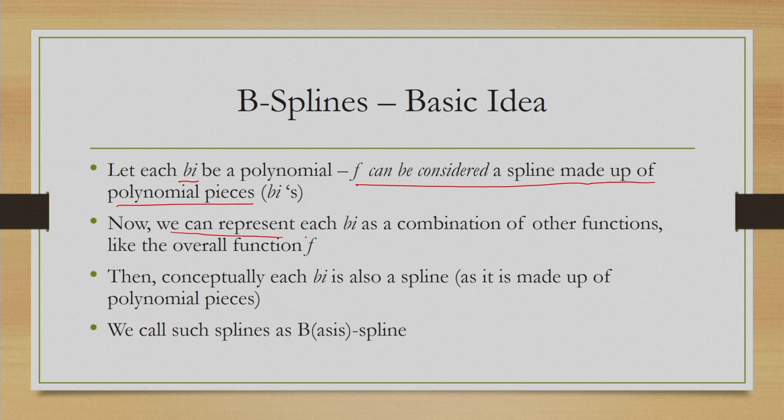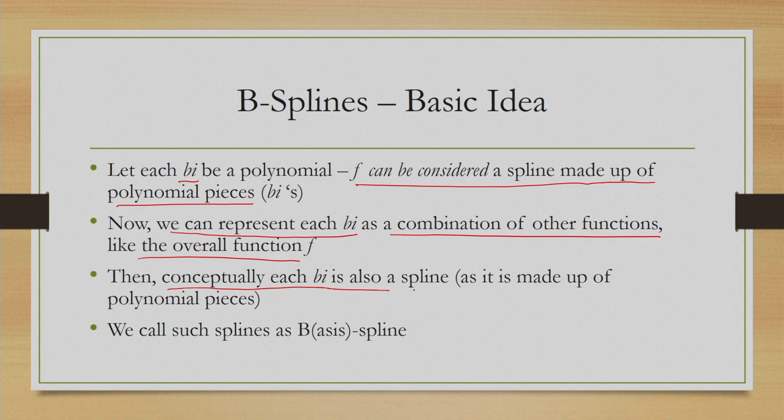Now, we can represent each Bi as a combination of other functions like the overall function f. So, f is represented as a linear combination of Bi's. Each Bi in turn can be represented as combination of other functions. Then conceptually each Bi is also a spline, because it is made up of other polynomials.